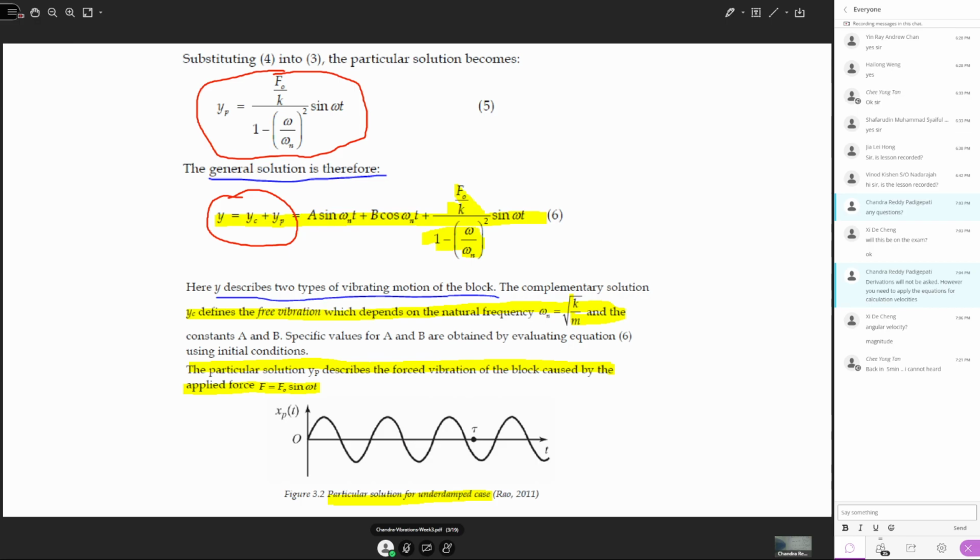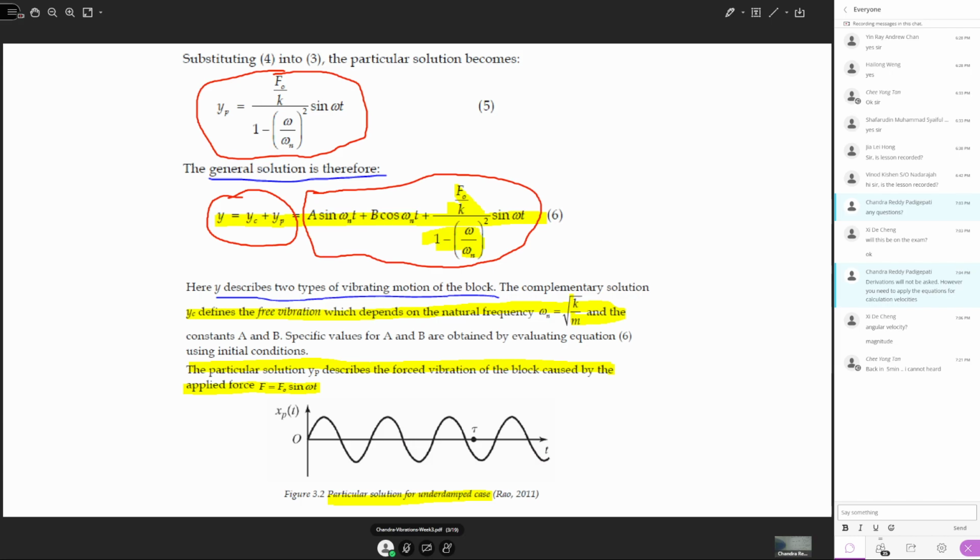So the complete response Y can be written as A sine omega nt plus B cos omega nt, which is the complementary part of the solution, plus F naught over K over 1 minus R square into sine omega t. This is the particular part of the solution.